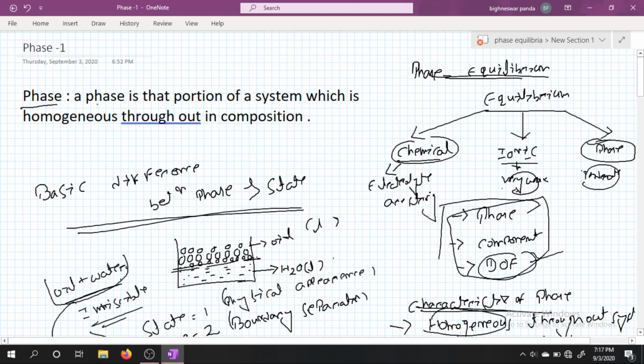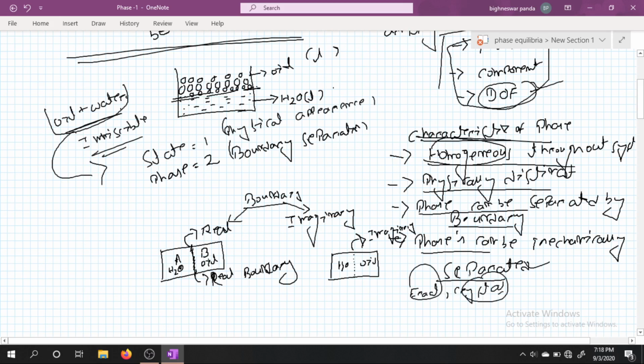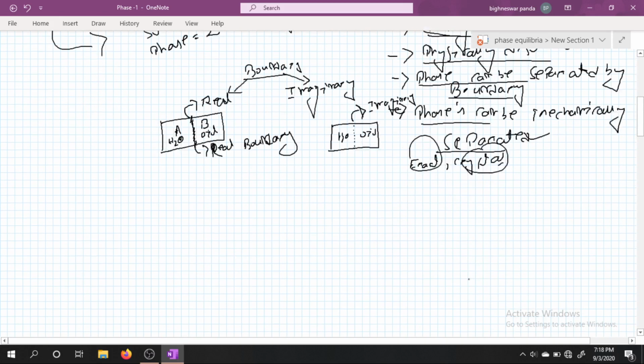A phase is that portion of a system which is homogeneous throughout in composition, and it has the following characteristics. It is homogeneous throughout the system, physically distinct or physically divided. Phase can be separated by boundaries, and phase can be mechanically separated. Mechanically separated means we can use fractional distillation or crystallization to separate the phases. So these are all regarding the basic concept of phase.